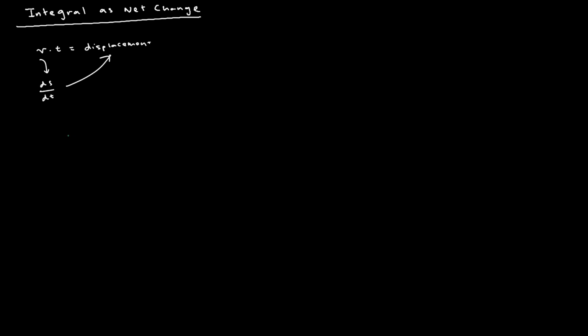velocity graphs. So we're given that ds over dt, for example, is equal to t squared minus 8 divided by (t plus 1) squared. And we want to find displacement from t equals 0 to t equals 5.